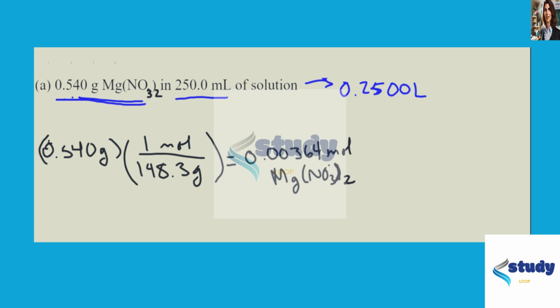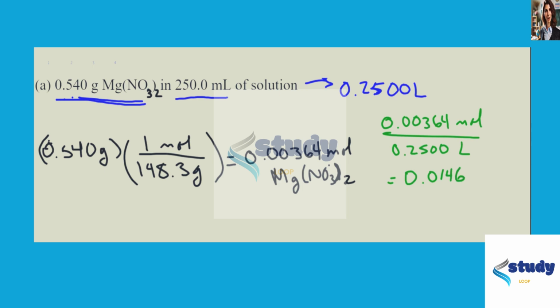Now that we have moles and liters, we can set up our molarity equation. So we write 0.00364 moles divided by 0.250 liters. And what that will give us is 0.0146 moles over liters.